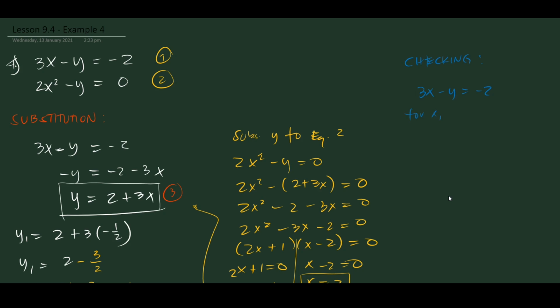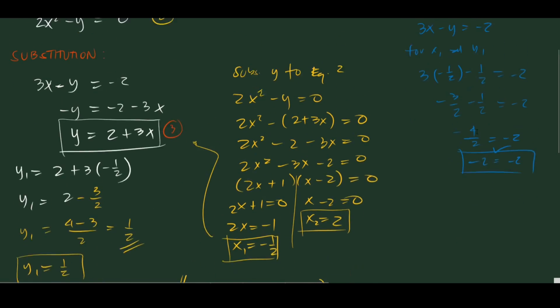For x1 and y1, let's substitute: 3 multiplied by negative 1 half minus y, which is 1 half, is equal to negative 2. We have negative 3 over 2 minus 1 half is equal to negative 2. So negative 4 over 2 is equal to negative 2. So negative 2 is equal to negative 2. This is correct.